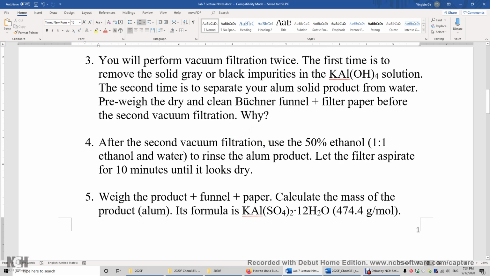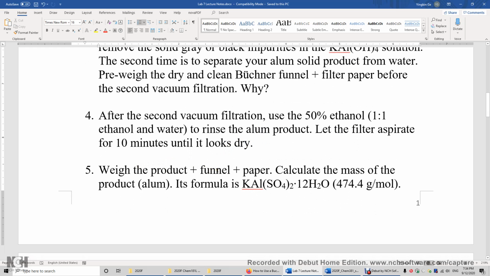Before we weigh the product, we need to make sure the alum product is completely dry. So after the filtration, we use 50% ethanol to rinse the product. Ethanol has a very low boiling point, so it can take water away from the alum product, and itself can evaporate really quickly.